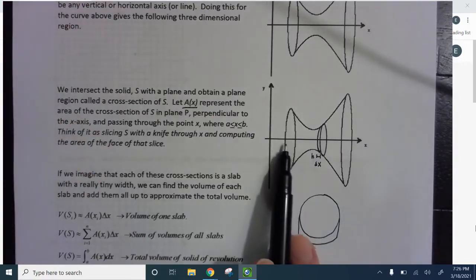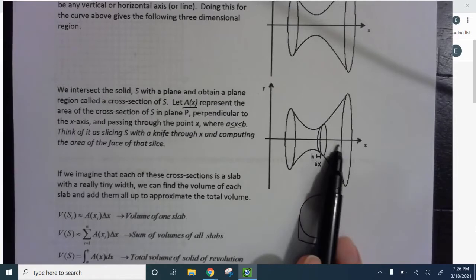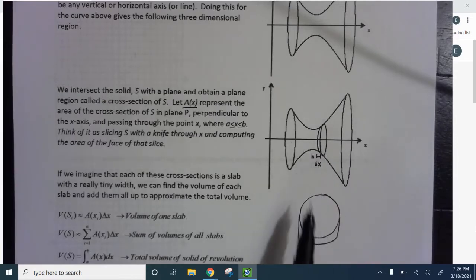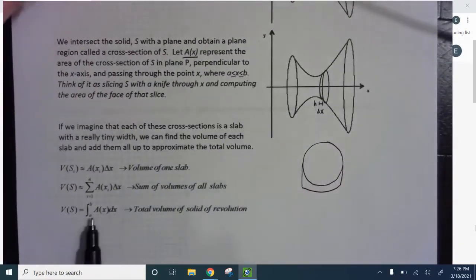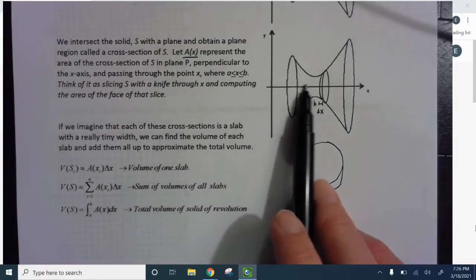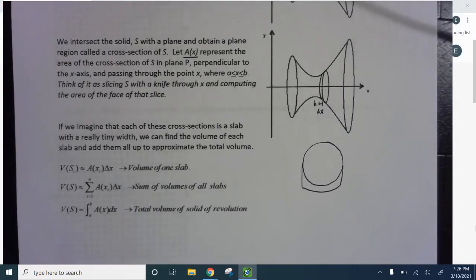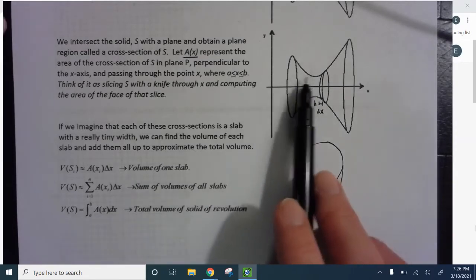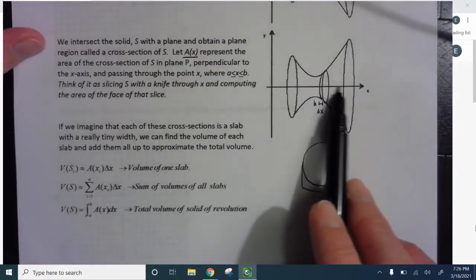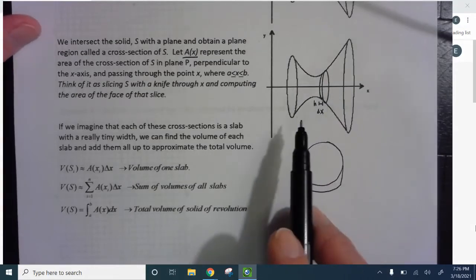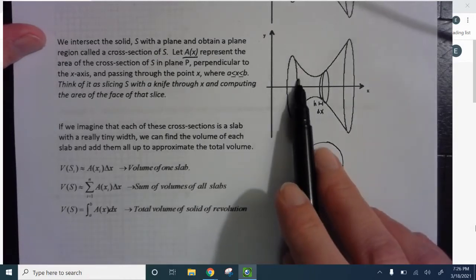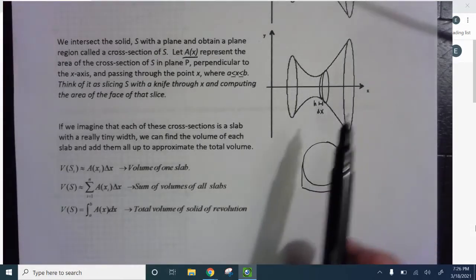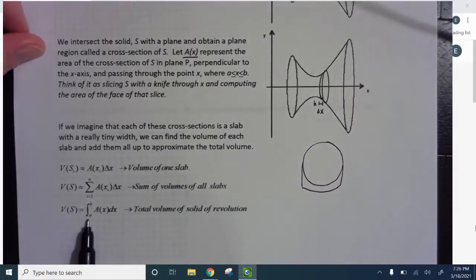So if I were to take infinitely many tiny thin slices and fill up this solid, we end up with something that looks like an integral, because we know that the integral is the accumulation of area over a certain period. So the volume of this solid across a certain interval is going to be the integral from the x value of a, where we started on the x-axis, to the x value of b, where we ended, of the area.